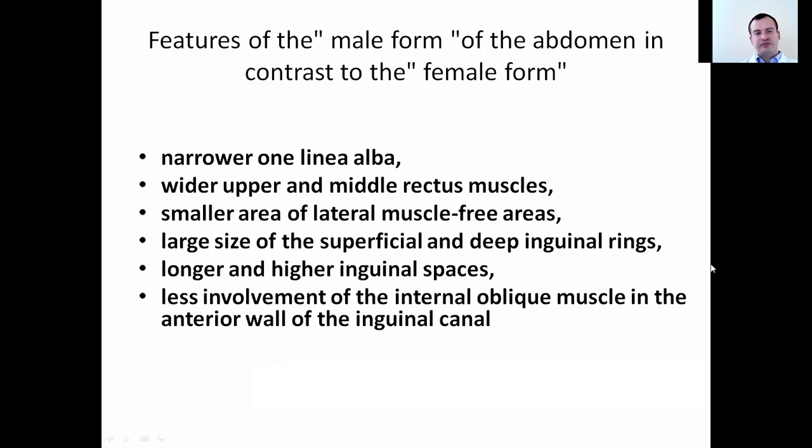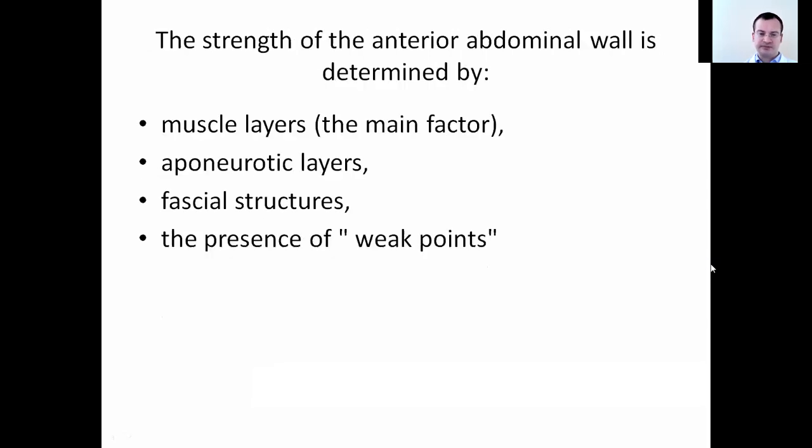Features of the male form of the abdomen in contrast to the female form: narrowed linea alba, wider upper and middle rectus muscles, smaller area of lateral muscle-free areas, large size of the superficial and deep inguinal rings, longer and higher inguinal spaces, less involvement of the internal oblique muscle in the anterior wall of the inguinal canal.